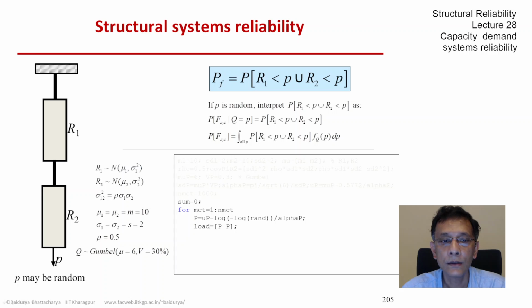We generate P every time because the expectation is with respect to P. The first line inside the Monte Carlo loop generates a value of the Gumbel load P. Then, because each of R1 and R2 is loaded equally, the load vector, which is required by the MATLAB bivariate normal CDF function call, is P and P. It comes from the mechanics of the problem.